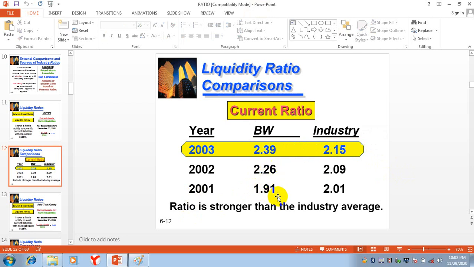So our ratio is becoming stronger as compared to past years. As compared to the industry, we were below in 2001, 1.91 and 2.01, and in 2002, 2.26 and 2.09. Now we are above; our ratio is stronger than the industry average.